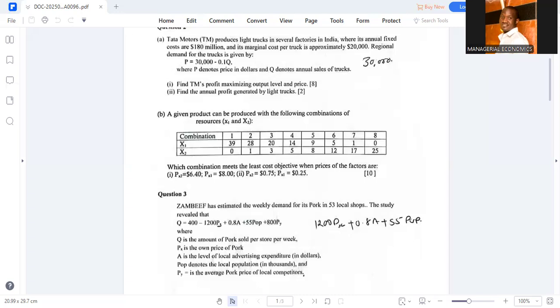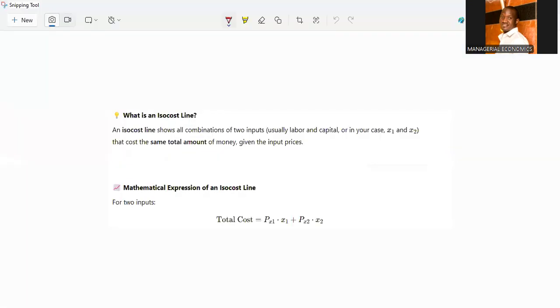If you're going to combine inputs like labor and capital, you are going to have the same cost amount. So those are called isocosts. An isocost can be an input combination of two units, in this case, say, x1 and x2. So they look something like this.